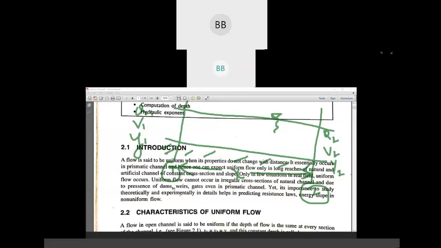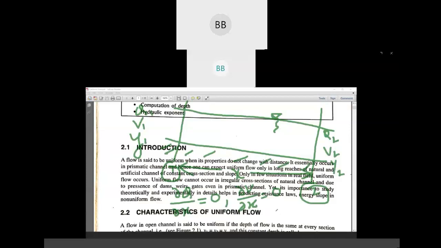The expression you can write: change in discharge with respect to change in distance is equal to 0. Or next, change in velocity with respect to space is equal to 0. That means we don't have any difference in velocity; the velocity measured in section 1 and section 2 is the same.